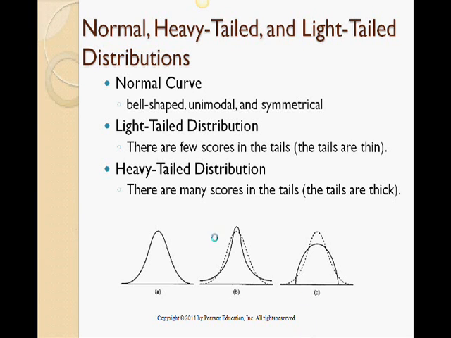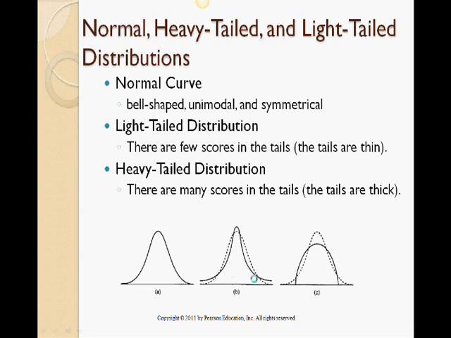Then we have a light-tailed distribution, where we have more scores in the middle and fewer scores at the ends. Actually, it's the solid line that is light-tailed; the dotted represents the normal.